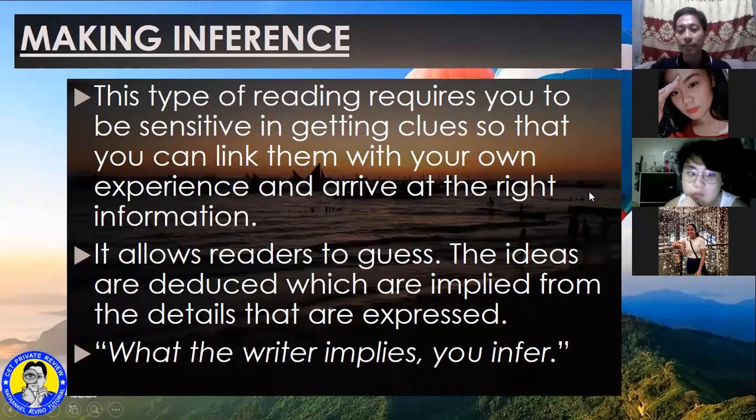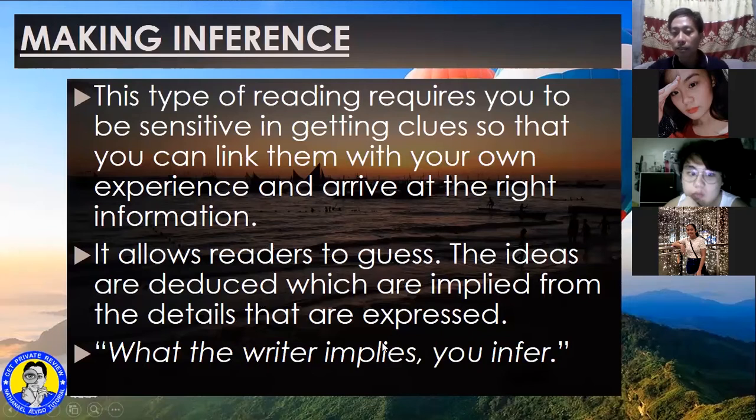And we also make inference. Some of your comprehension questions will require you to form an inference. So it's a type of reading that requires you to be sensitive in getting clues so that you can link them with your own experience and arrive at the right information. It allows the reader to guess the ideas that are deduced, which are implied from the details that are expressed.